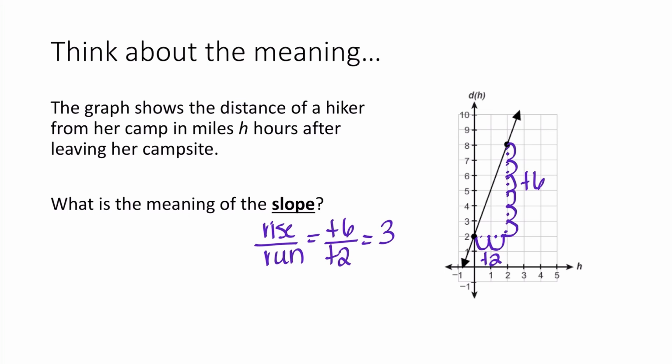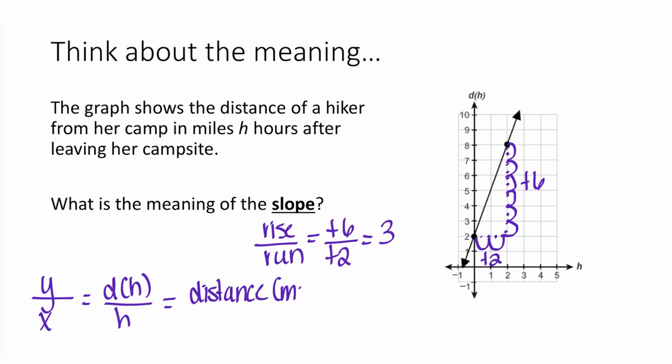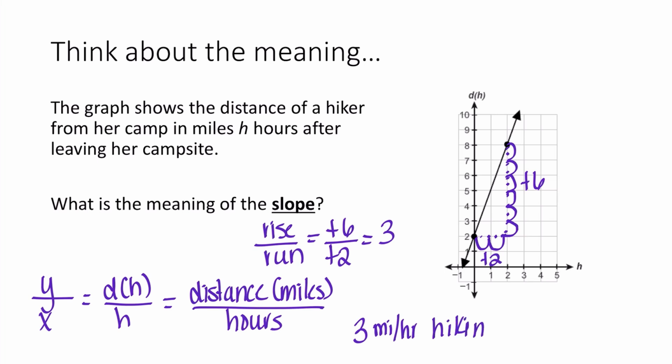So the meaning of the slope, well, slope, remember, is y over x, or in the context of this problem, it's going to be d of h over h. d of h is the distance, which is given to us in miles, and then h is the number of hours. So distance in miles over hours is basically her speed.